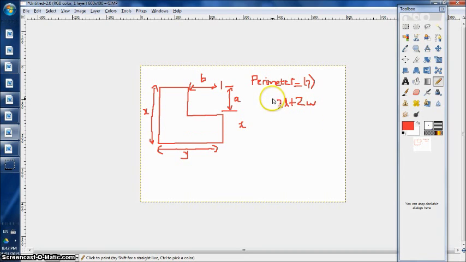But in this case, since this is an odd figure, it's not exactly a rectangle, we are not going to use that formula. Instead, we're going to start adding up all the variables, or the literal factors.